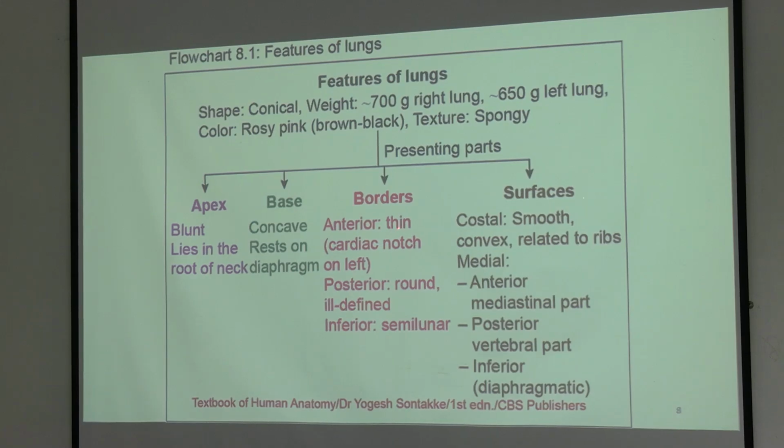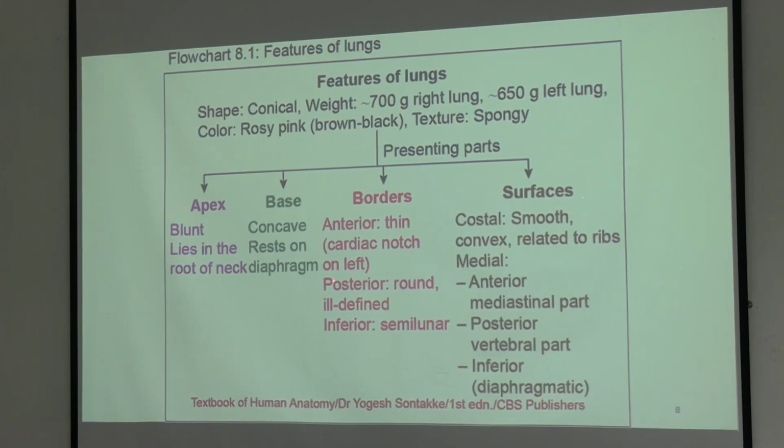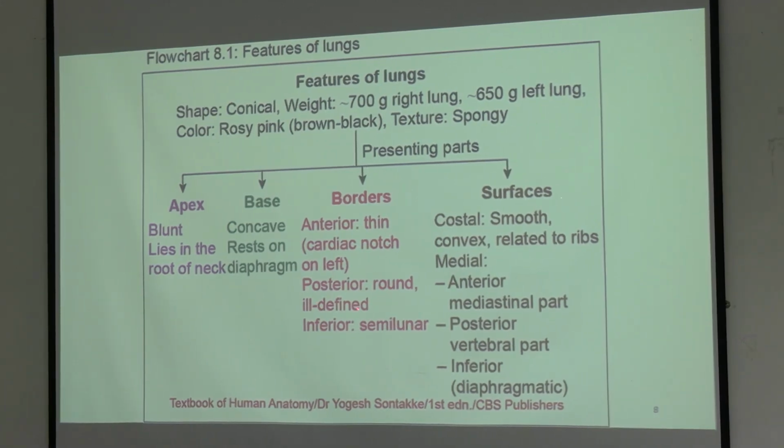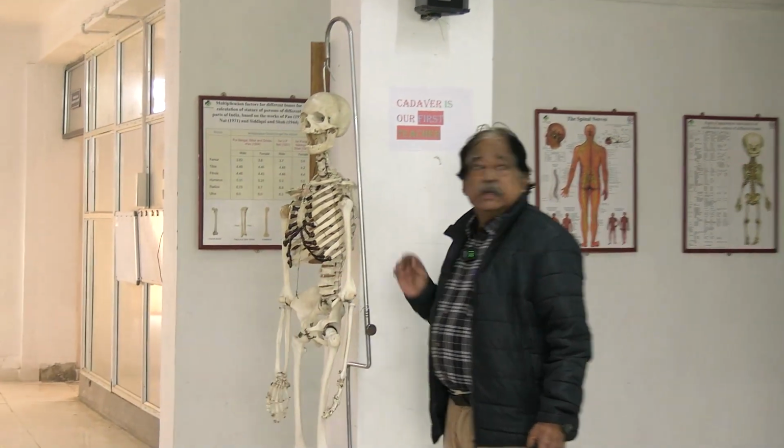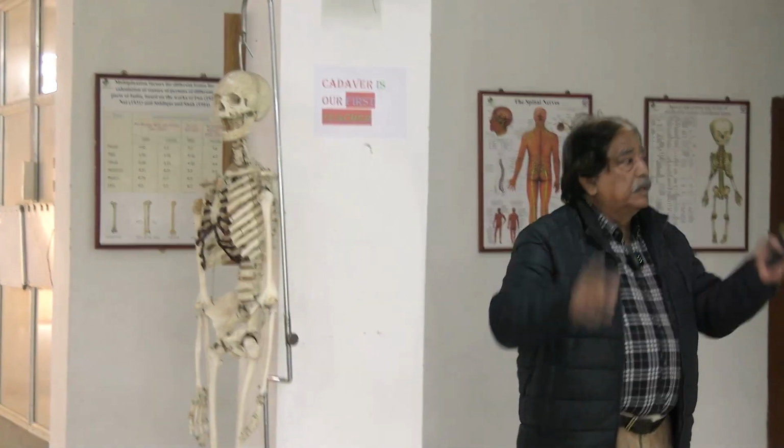Borders: anterior thin, cardiac notch on left; posterior round, ill-defined; inferior semilunar. Surfaces: costal smooth, convex, related to ribs; medial with anterior mediastinal part, posterior vertebral part, and inferior diaphragmatic part. Posterior vertebra. And here's the diaphragm like this.